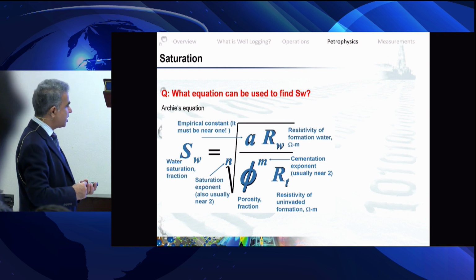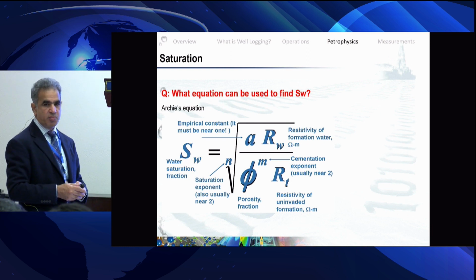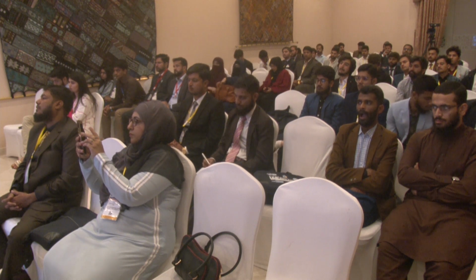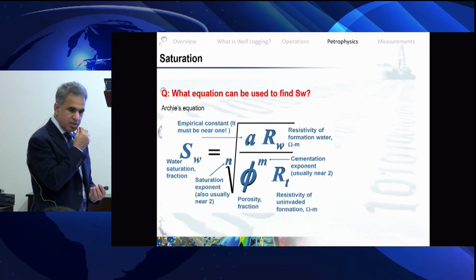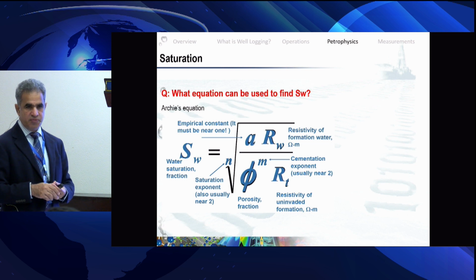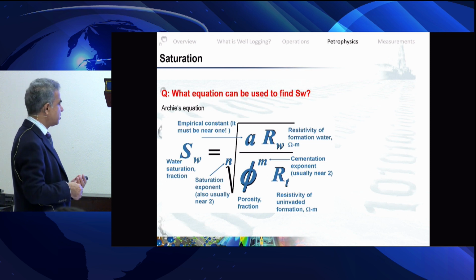This equation is a relationship between the rock properties in terms of rock resistivity, fluid resistivity, and saturations. And of course there is a certain constant A, which is an empirical constant, mostly close to 1.